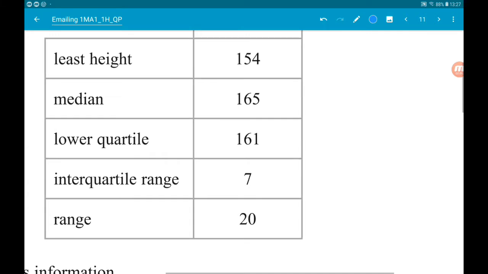So, interquartile range is the upper quartile minus the lower quartile. So, that means the upper quartile is the interquartile range add the lower quartile.